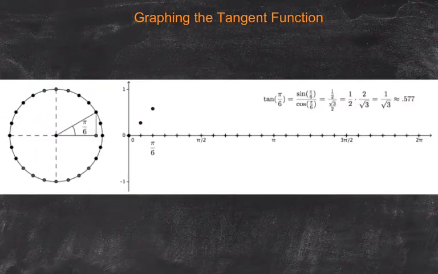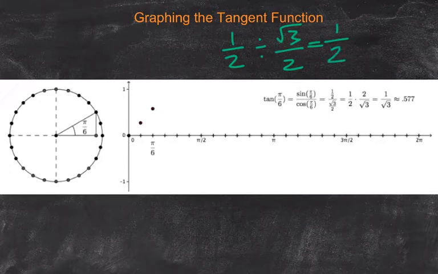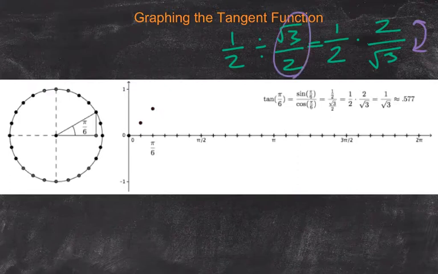When my angle is pi over 6, I've got 1/2 over square root of 3 over 2. So I'm using the sine and cosine values from the unit circle. 1/2 divided by square root of 3 over 2 is the same as 1/2 times 2 over the square root of 3. So dividing by a number is the same as multiplying by its reciprocal. Notice that my numerator and denominator switched from that original root 3 over 2.